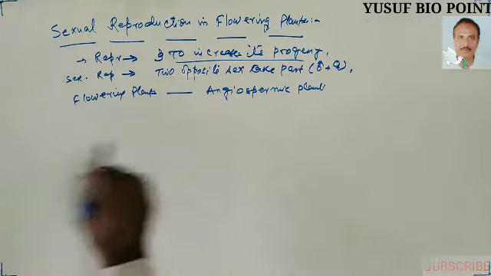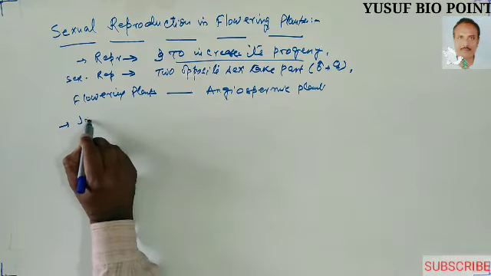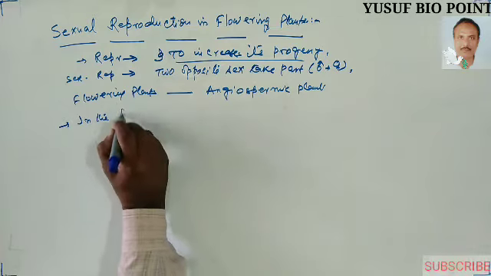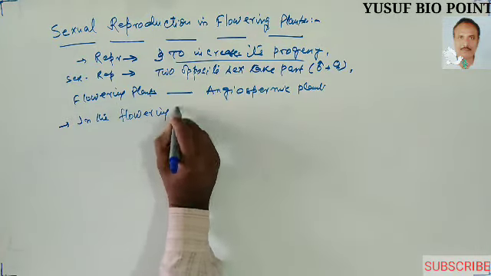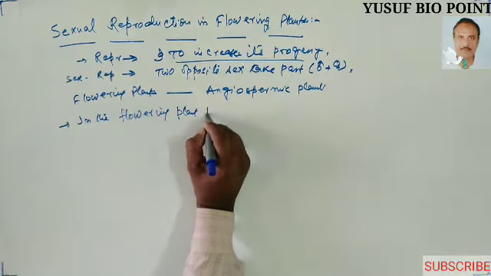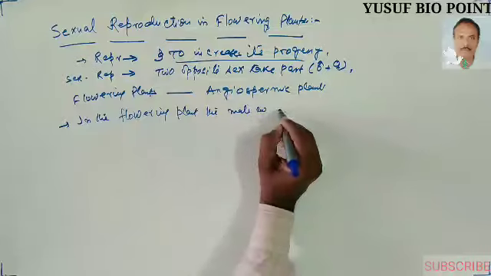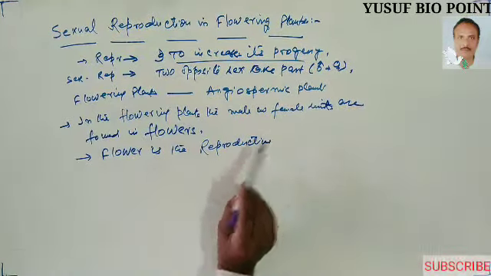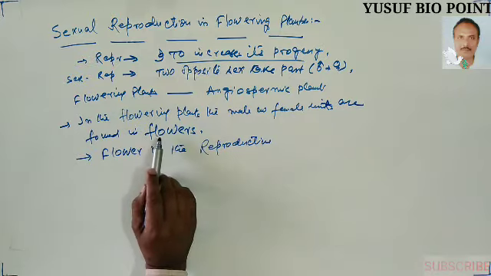In flowering plants, the male and female units are found in the flowers. Means both the male and female units are found in the flowers.